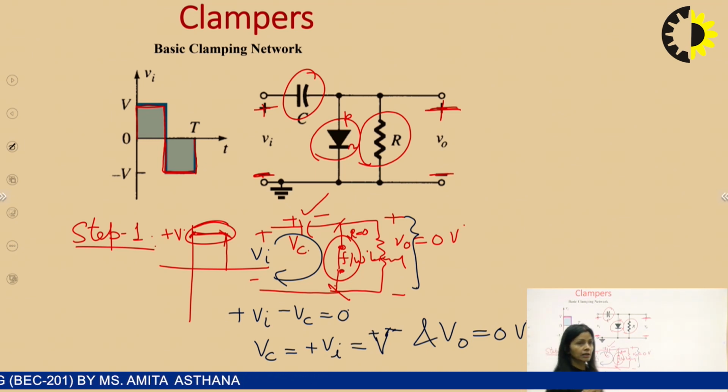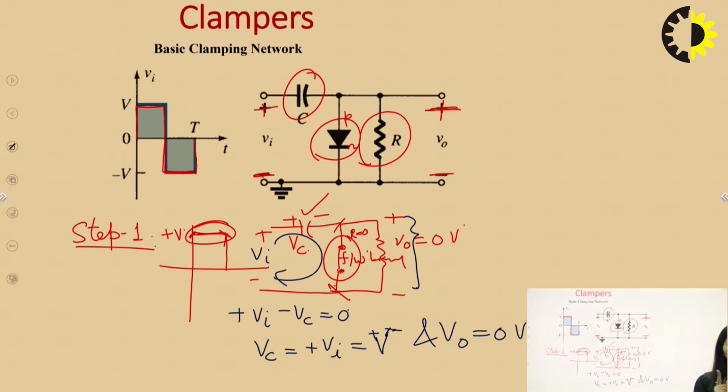In the first step, we have to calculate the voltage across the capacitor VC. When the diode is forward biased, the output voltage is 0, whatever it is, 0 volts in this case.